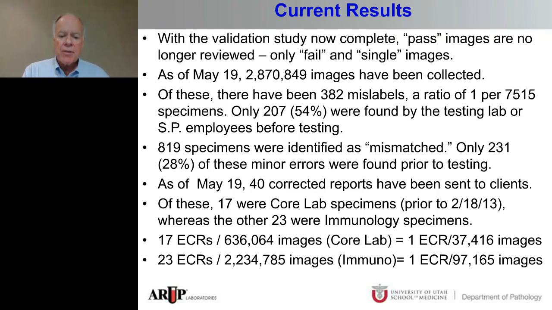So 17 of the errors were while the specimens were being delivered to the core lab. There was a total of 636,000 specimens for which we had collected images and done OCR analysis. So that error ratio was one corrected report for every 37,416 images that we collected with the system.